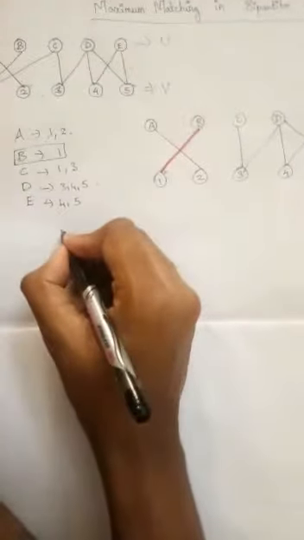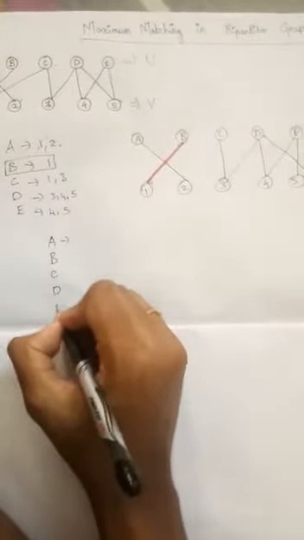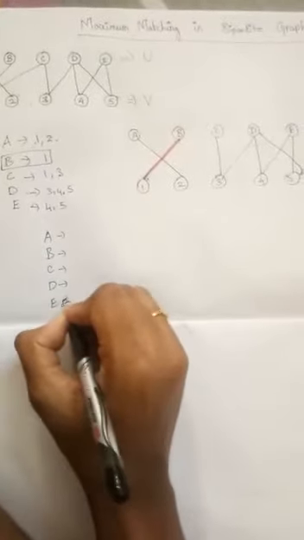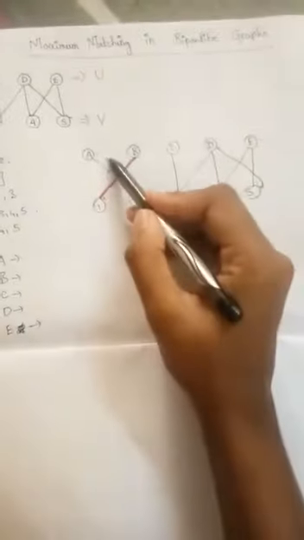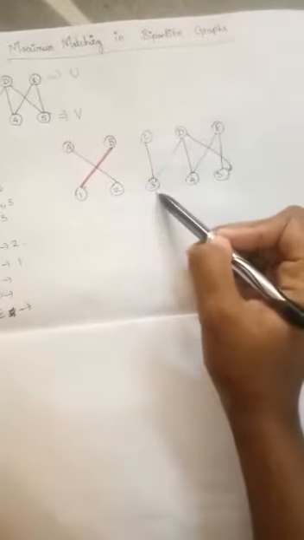And again, from this graph, I am taking another observation: A, B, C, D, E. A is connected to 2. B is connected to 1, which is already finalized. Next, C is connected to 3.